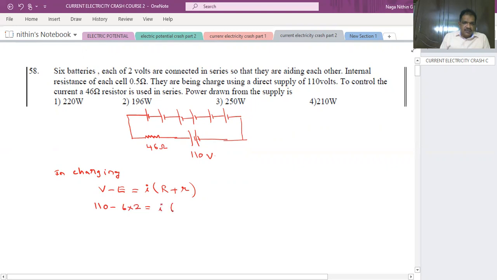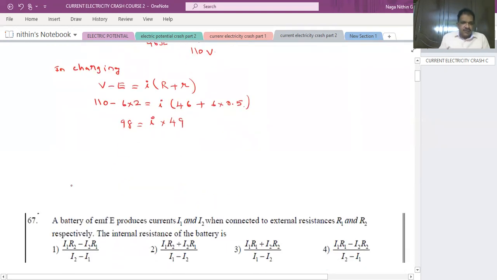So I into external resistance, which is 46, plus 6 batteries each having internal resistance 0.5. So 110 minus 12 means this value will be 98. I into this value, 49. So I is equal to 98 by 49, which is equal to 2 ampere.